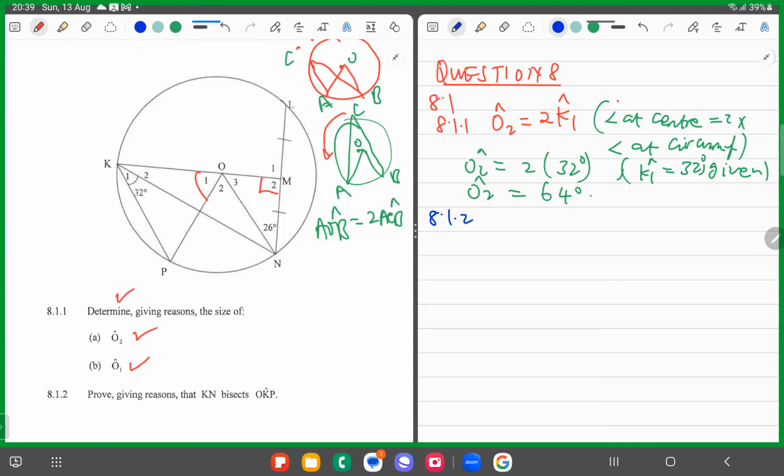First we note that angle M2 is equal to 90 degrees. Why? Because of the line from center to midpoint of chord.